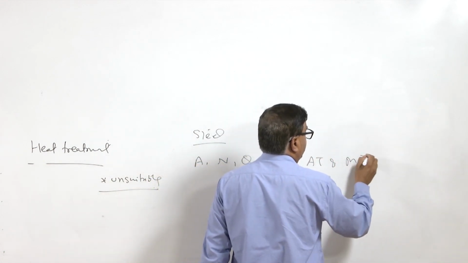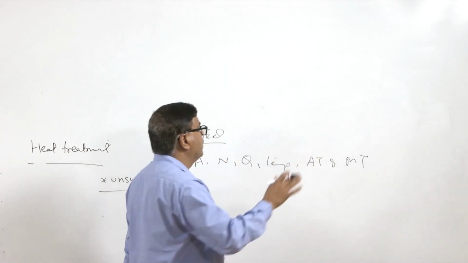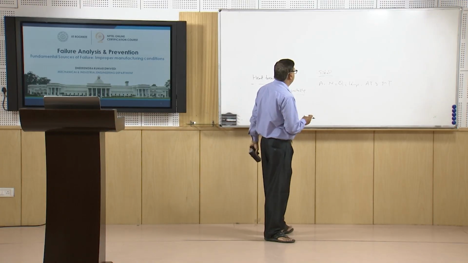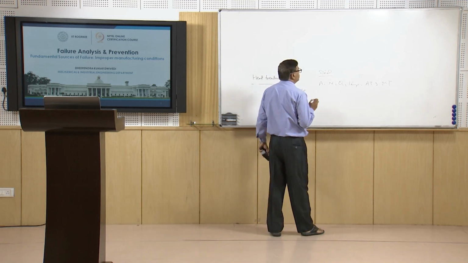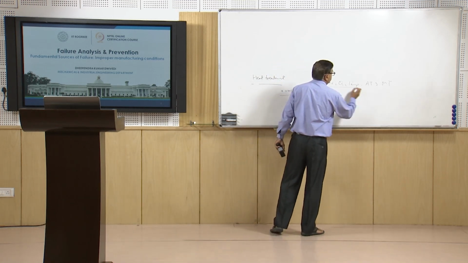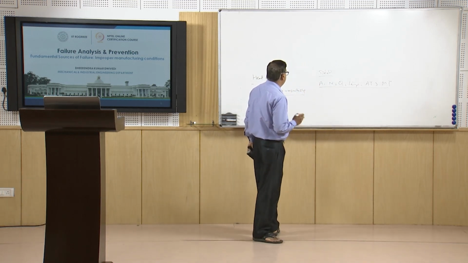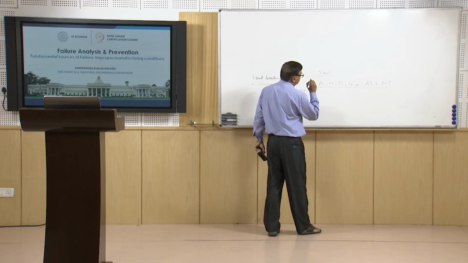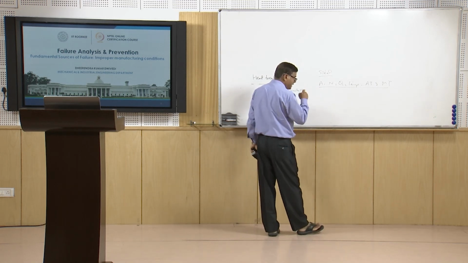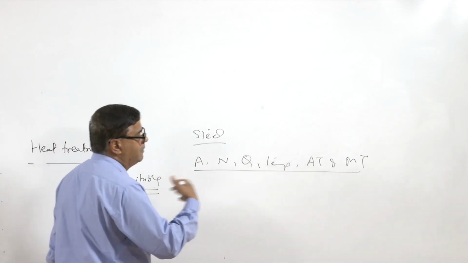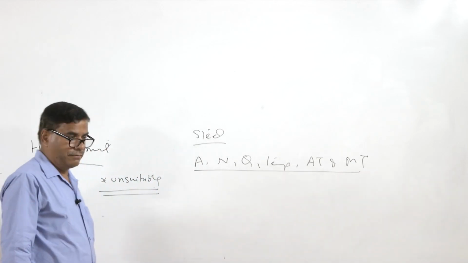As per the kind of steel, all these steels may not respond in the same way to the different categories of heat treatment. So, depending upon the composition of the steels, we need to recommend the suitable heat treatment so that target properties can be achieved. But if the selection of the type of heat treatment to be applied is improper, then we will not be able to realize such properties.